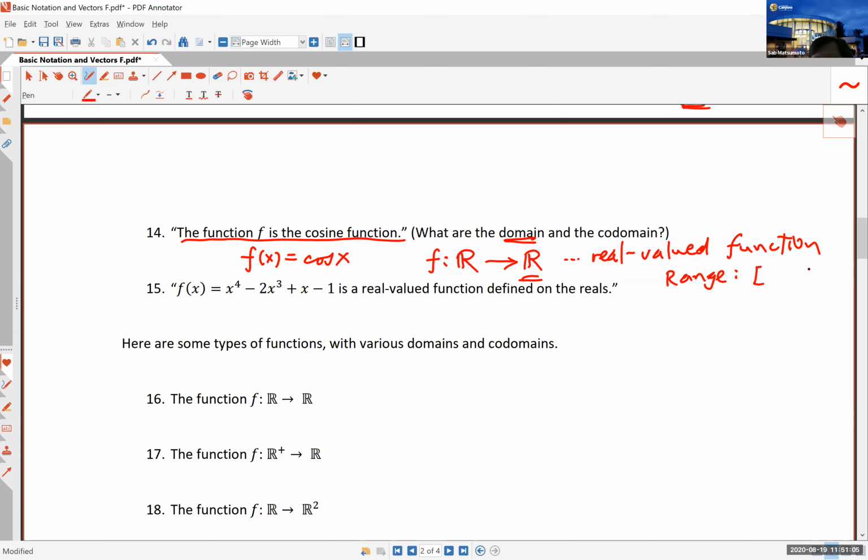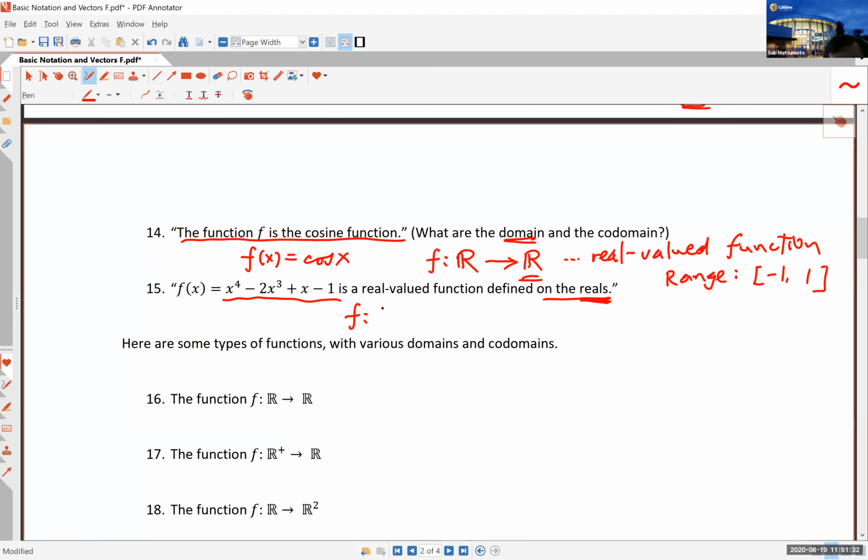From -1 to +1, including the endpoints, right? So this is the closed set from -1 to 1. Okay, now here's a function. That's a polynomial function because you don't have square root of x or 1 over x or anything. It's a 4th degree polynomial. This is a real valued function defined on the reals. So on the reals, this is the domain.